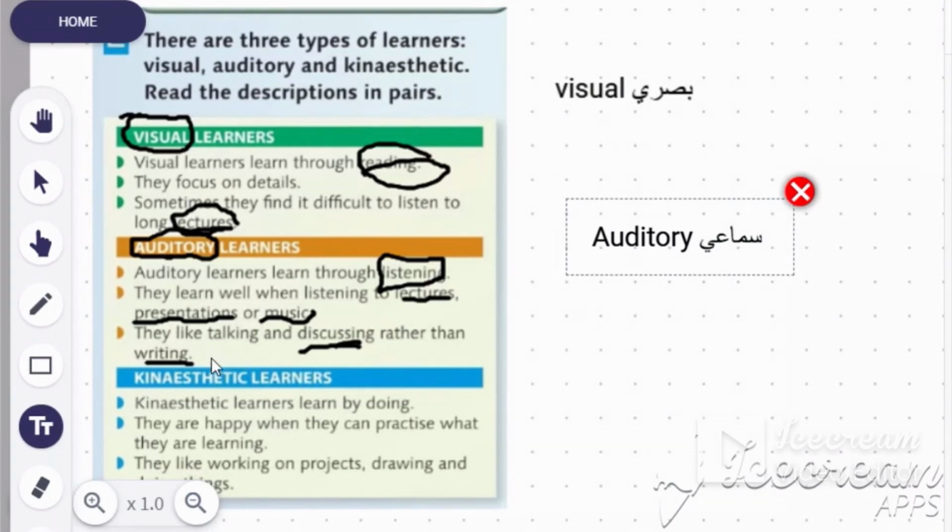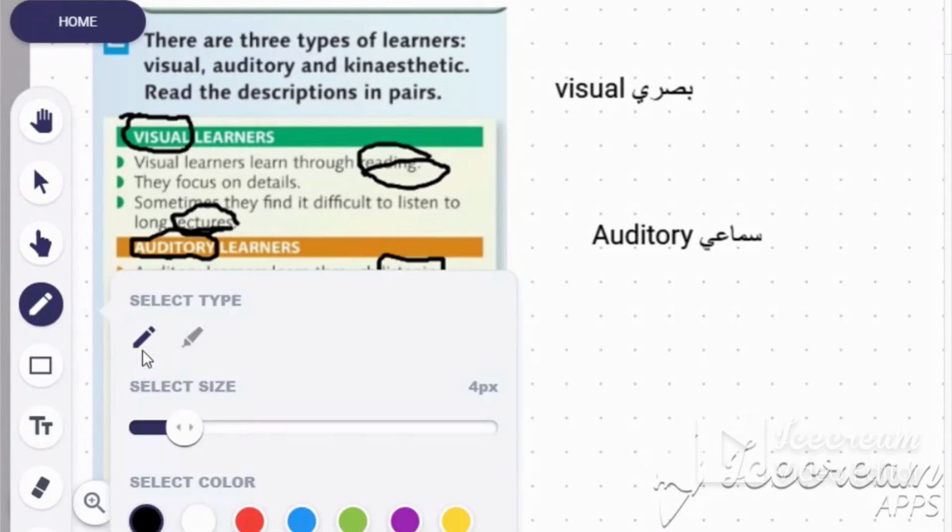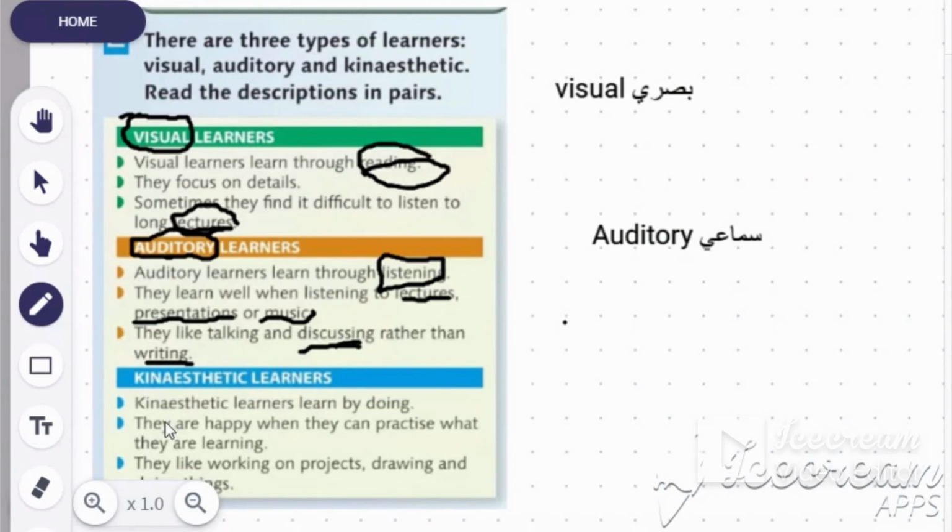Okay, now we will go to the third type. The third type, kinesthetic learner. Kinesthetic learners means they like to do, doing.